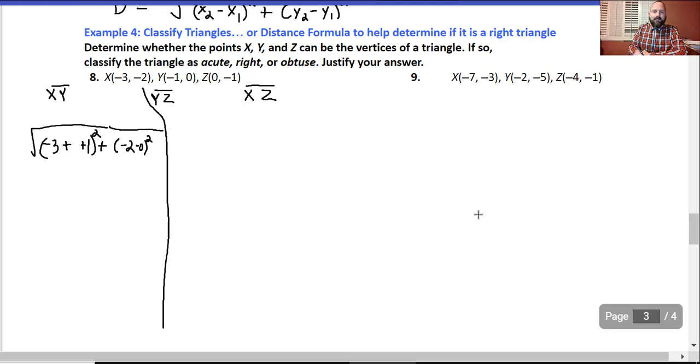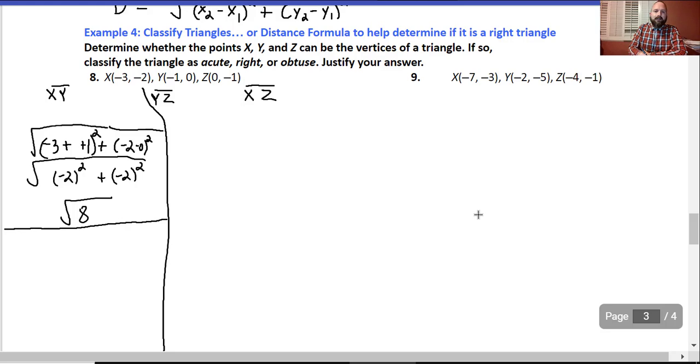So let's see if I can get this. -3 plus 1 is -2 squared plus -2 squared is going to be 4 plus 4, which is 8. So this is radical 8.